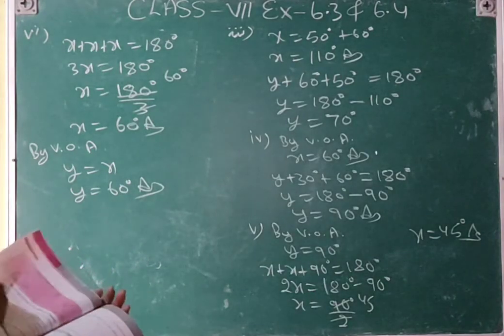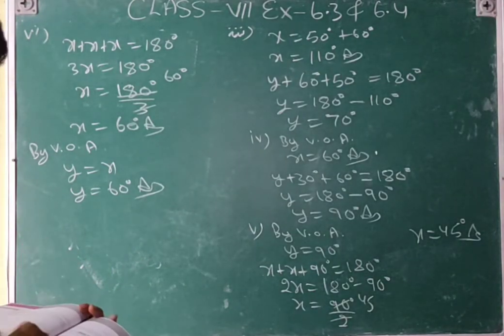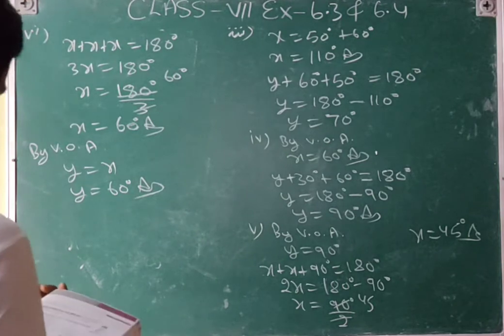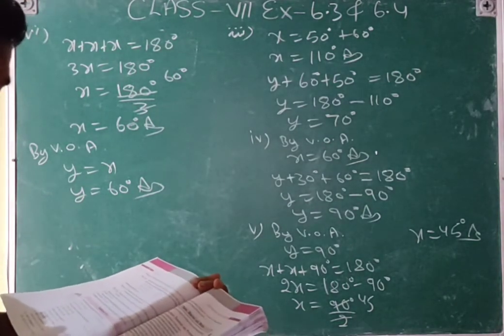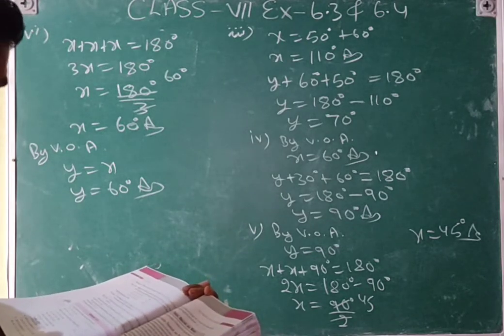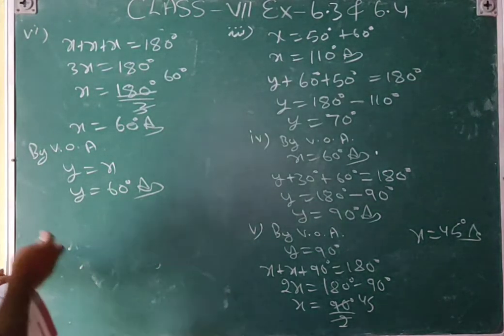Now exercise 6.4. Question number 1. Is it possible to have a triangle with the following sides?